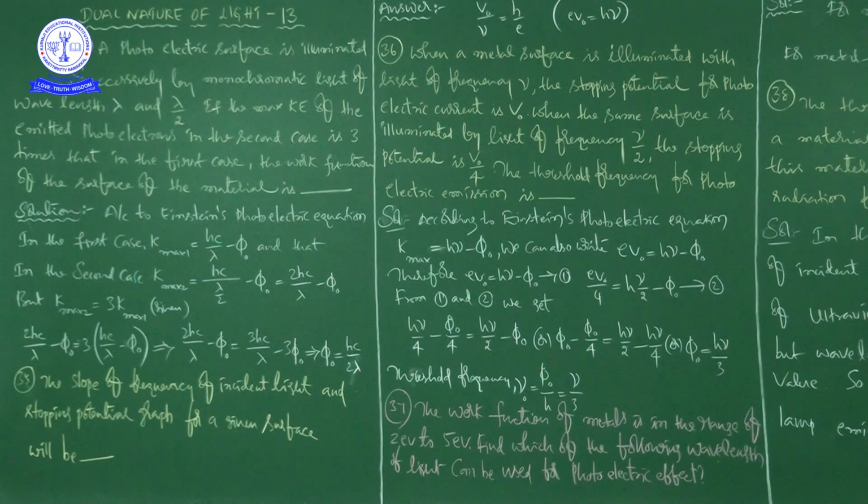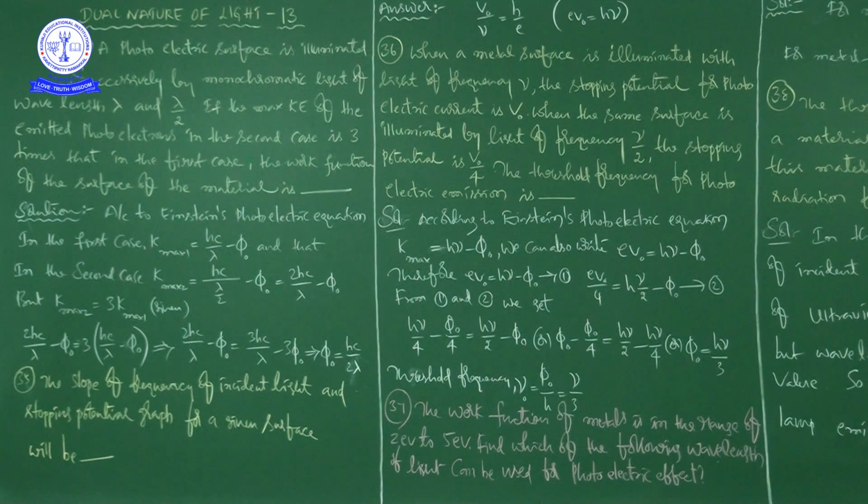And if you write K maximum as the subject, K maximum is equal to h nu minus phi naught. And you already know that K maximum is equal to eV naught. These 2 relations we already know, and based on them, K maximum is equal to h nu minus phi naught.